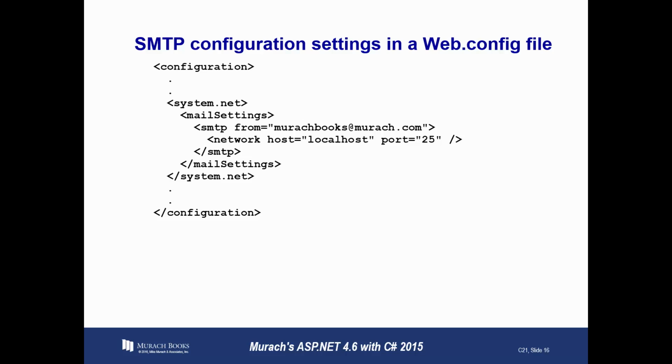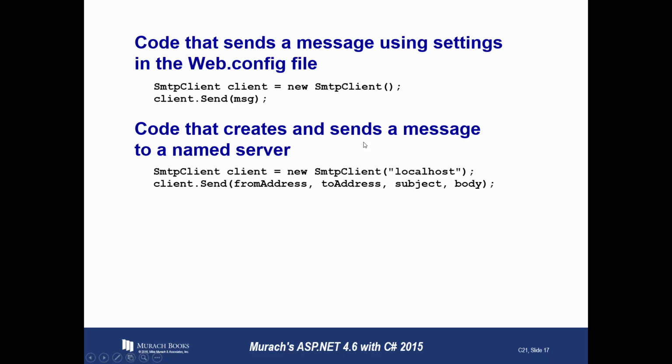So to set up the SMTP configuration string, you code something that looks like this in web.config. So again, the idea is you're doing this once, specifying where it's coming from and the associated port, so that the system can basically grab it out of that file and you don't have to do it anymore.